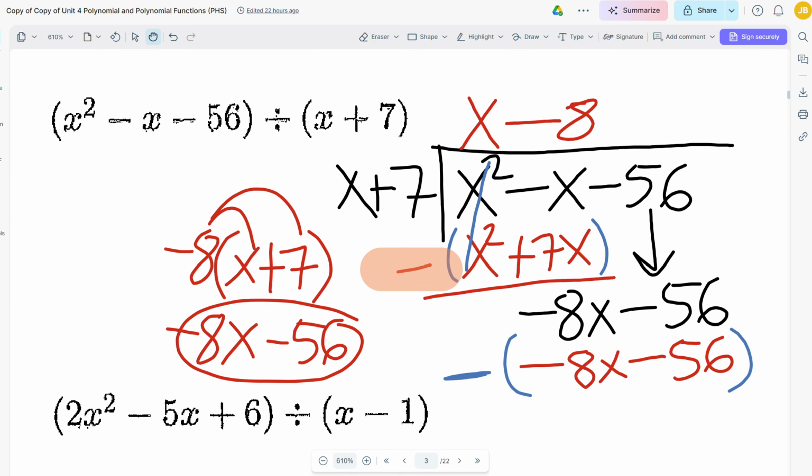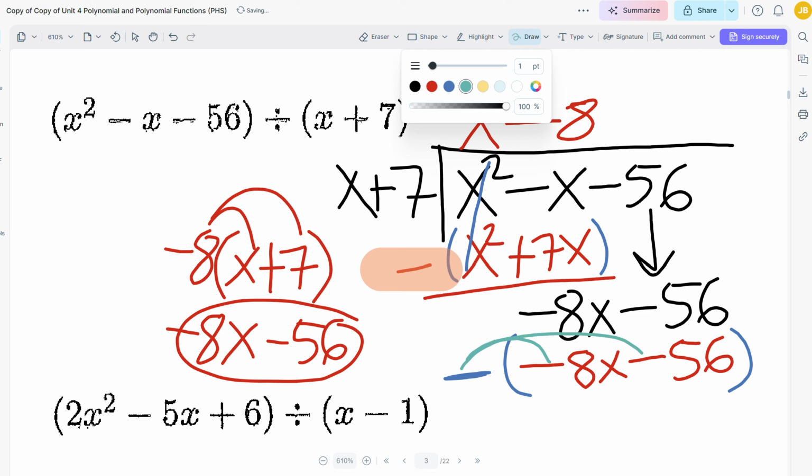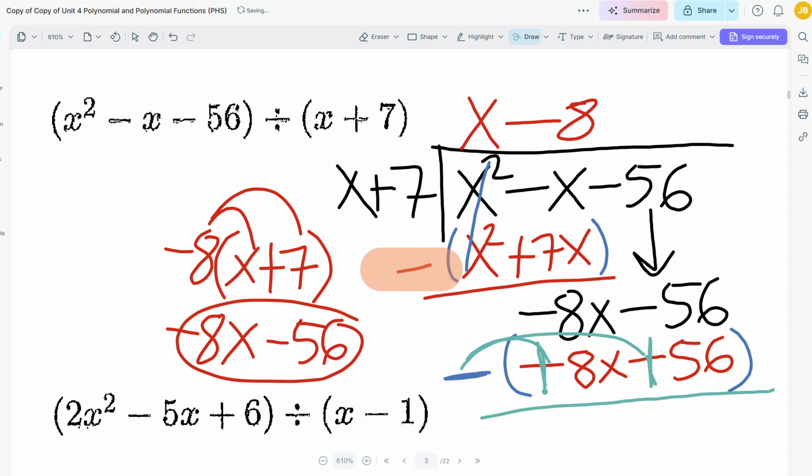Once again, you have to be mindful, careful with this negative, and these will change into pluses if we distribute the negative. So for this piece, I will do just that. Let's do it in a different color here for you guys. Let's do distributive and negative. We'll change these into pluses. And now let's go ahead and combine.